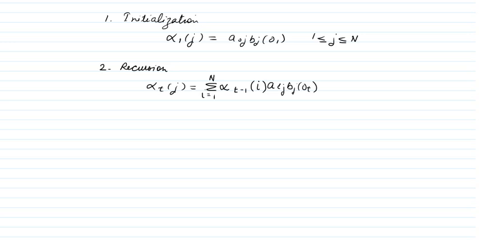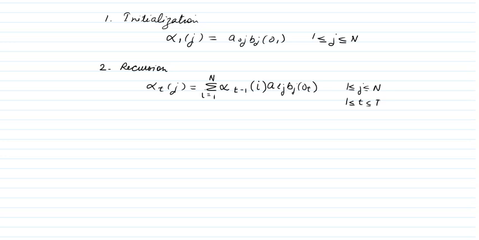So we multiply all these three terms, for 1 less than or equal to j less than or equal to n, and 1 less than or equal to small t less than or equal to capital T. Here T is the length of the sequence, and n is the number of states.